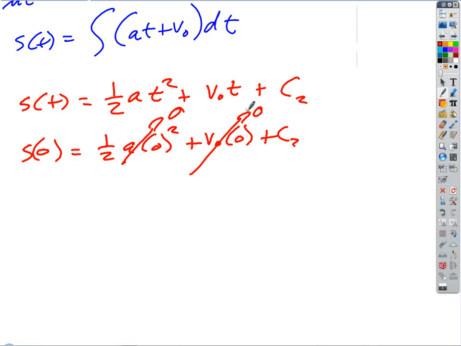S is just position, right? But if I'm evaluating it at 0, specifically, how might we describe that position? Yeah, initial position, yeah. And so we end up then with s of t equals 1/2 a t squared plus v naught t plus s naught.